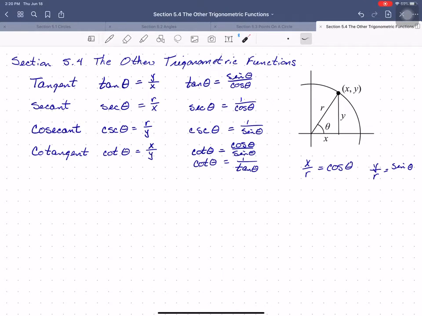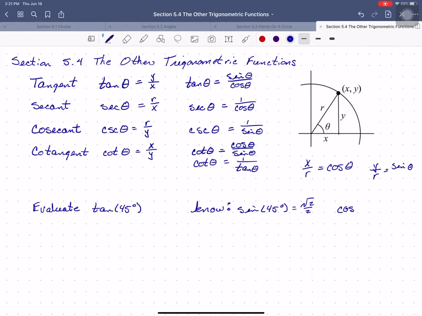So let's start with an example here. Let's evaluate the tangent of 45 degrees. What do we know about 45 degrees? Well, we know that the sine of 45 degrees is equal to square root 2 over 2, and that the cosine of 45 degrees is equal to square root 2 over 2.